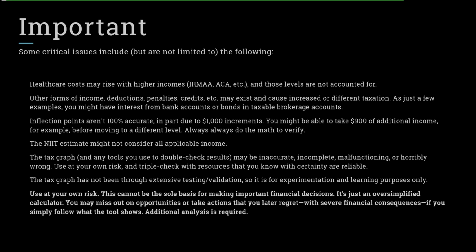A couple of other critical things. Number one, healthcare. This does not account for IRMAA. You have to track that separately. So if your income rises above certain levels, you may find that you have to pay more for your Medicare coverage. That is critical to know about, and you can do some strategic planning around that, but this graph does not do that for you. And the same goes for ACA subsidies or Affordable Care Act.